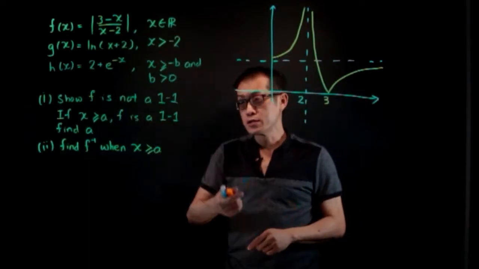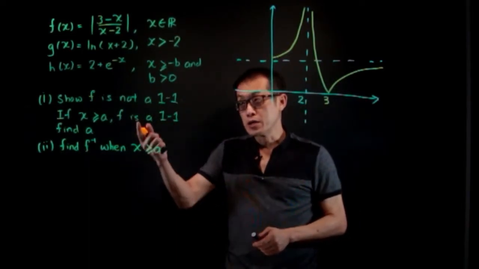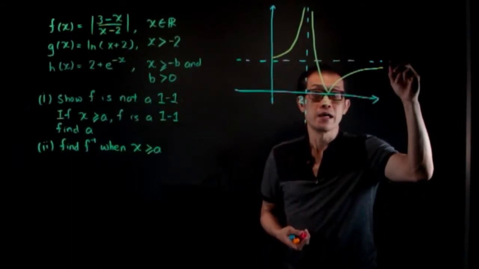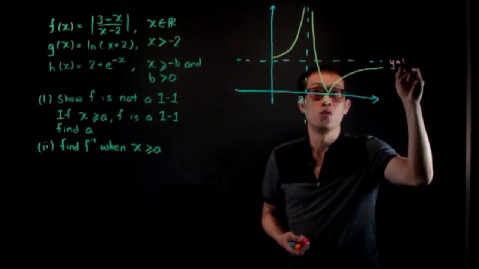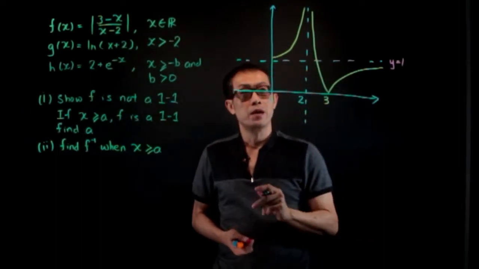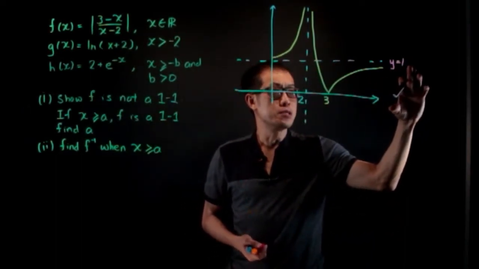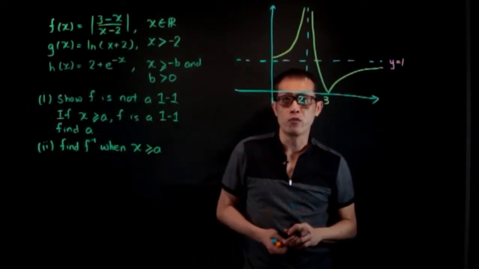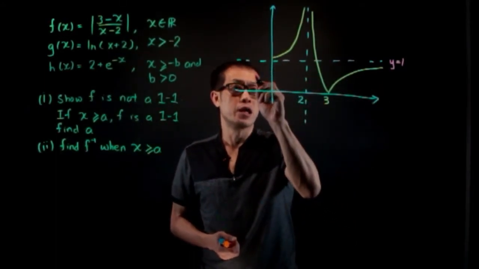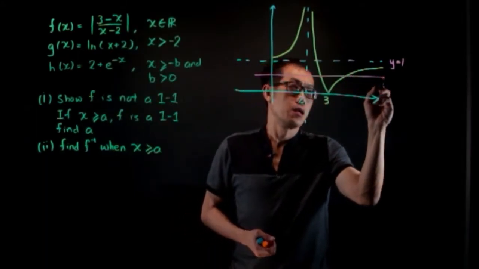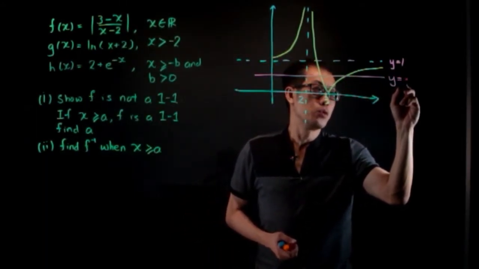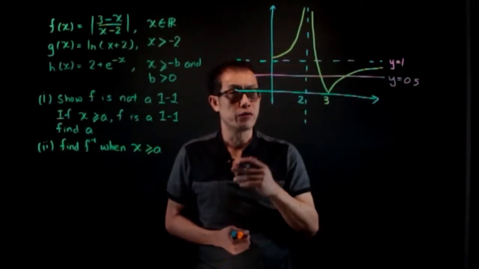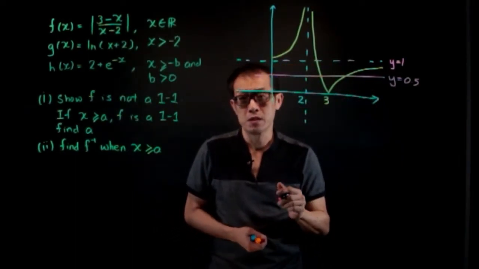Now how to show that it's not a one-to-one? You can use a horizontal line test. Now this is the line y equals 1. If we draw a line between 0 and 1, you find that it cuts the graph more than once. Let's say we draw a line y equals 0.5. Anything between 0 and 1, you find that it cuts the graph twice.